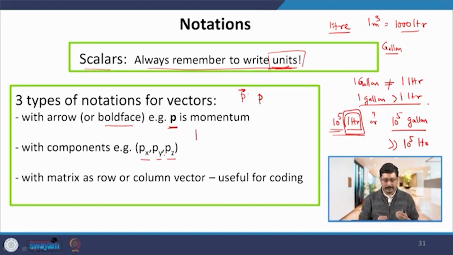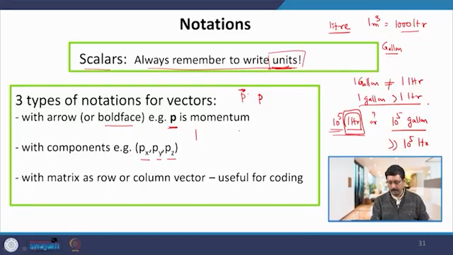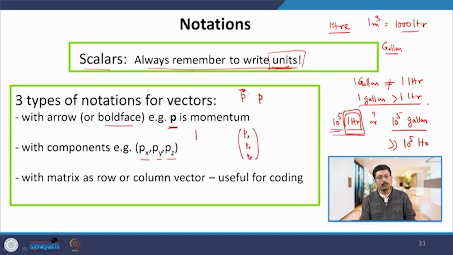Now, as we have seen in today's lecture, the third way of representing vectors is as a column vector. So, this is also representing the components of the vector.